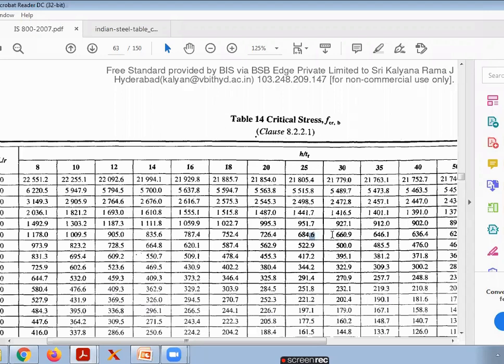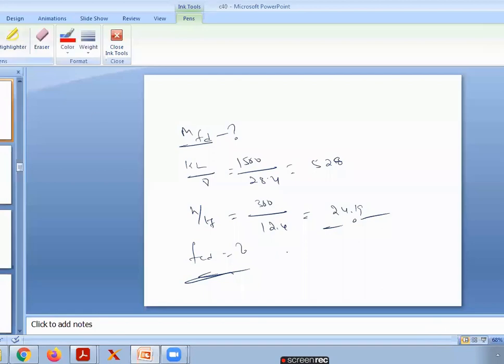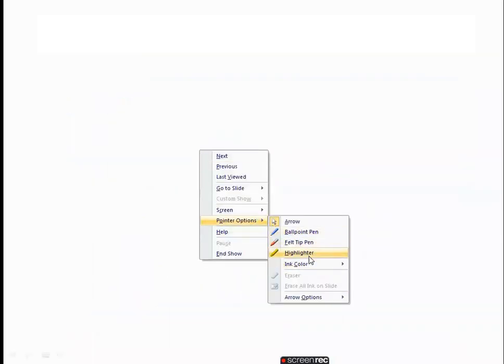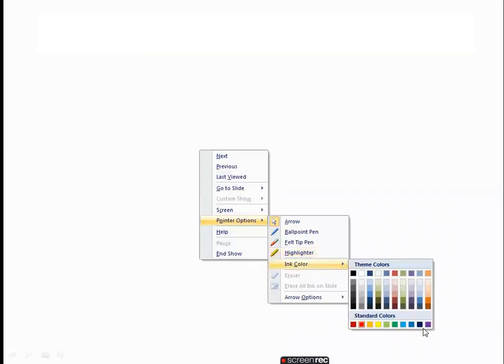Now you have to do the double interpolation here. I will write it clearly for your better understanding. This is also the easiest way we will solve. The h by tf value we got is 24.19, between 20 and 25. Next, KL by r is 50, then they have given 60, and our value is 52.8.